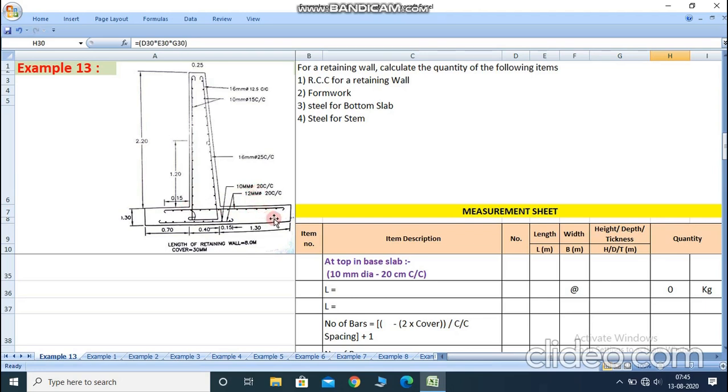As you see here in the dotted part, the total length of the retaining wall is 8 meters, so write 8 here. Plus, hooks are provided on both sides, so we write 2 times 9 into D, where D is the diameter, 10 mm, so write 0.010.